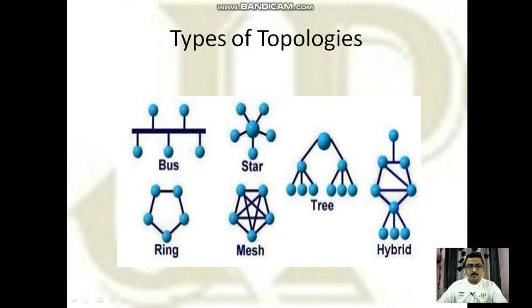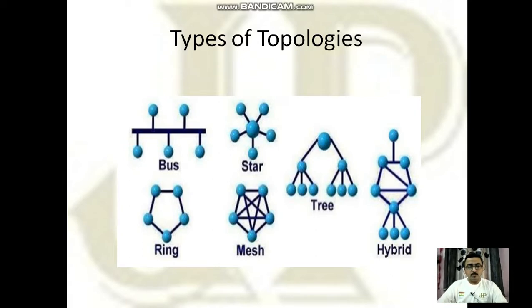In star topology, there is a connecting device that works like a server, known as a hub, or you can say a repeater, through which all other devices are connected. In ring topology, one device is connected with two adjacent devices, and the first device is connected with the last device to make a ring.